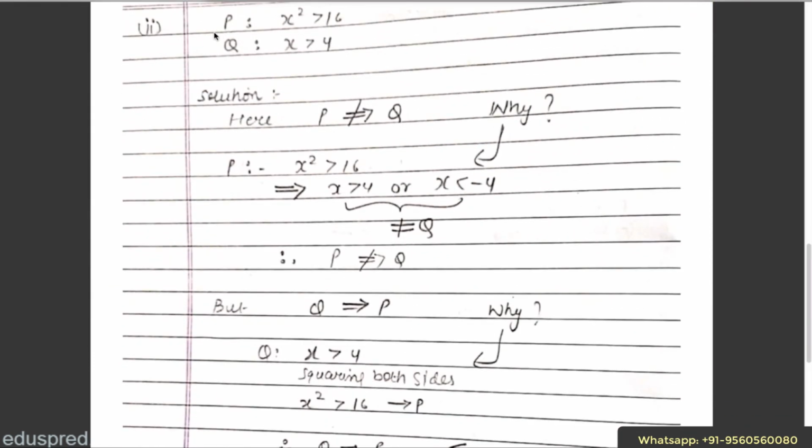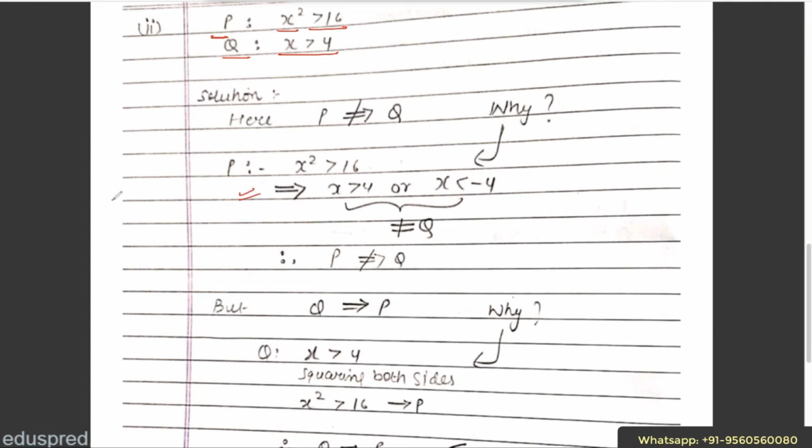Now moving on to the second part, you have statement P that x square is greater than 16 and statement Q that x is greater than 4. Now if x square is greater than 16, then it could be the case that x is greater than 4 or x is less than minus 4. Let's quickly take an example to verify this.